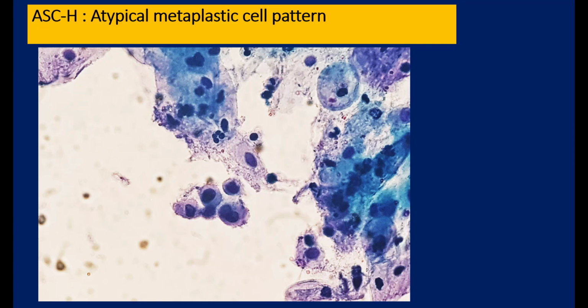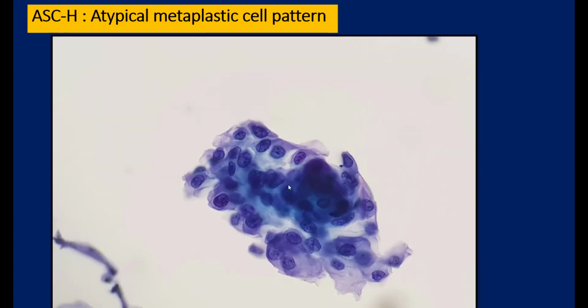There is a background of changes which look like a smear with atrophic changes, which can also show some nuclear abnormalities. We are going to discuss that again during the course of this lecture. So we are not very confident in calling it HSIL, so we call it ASC-H.